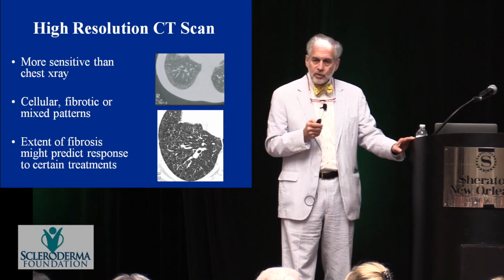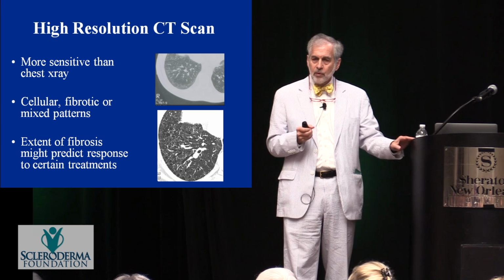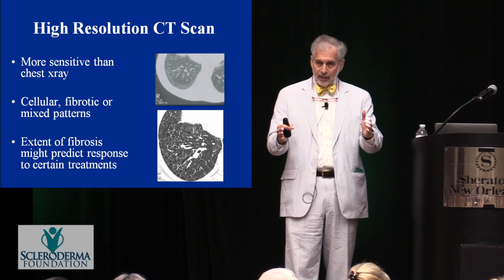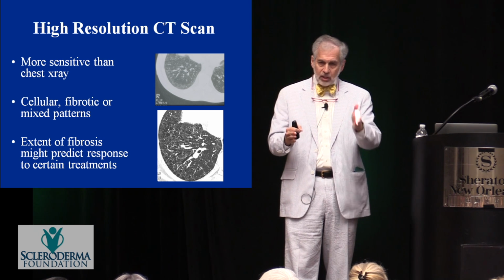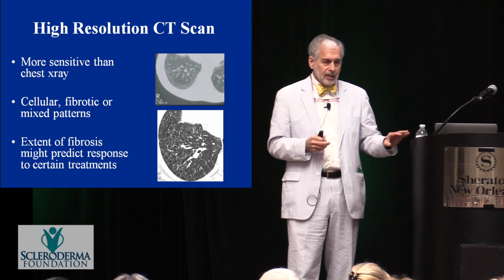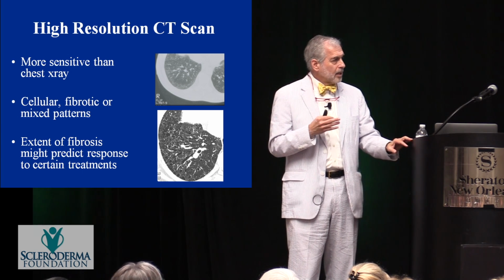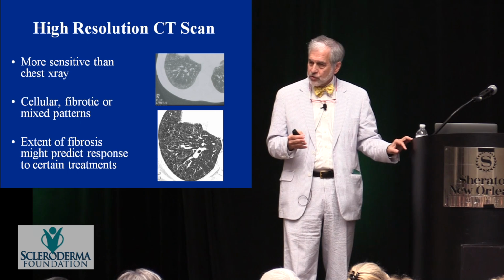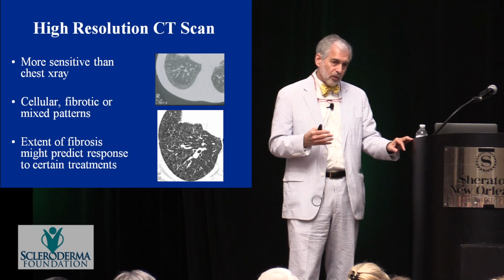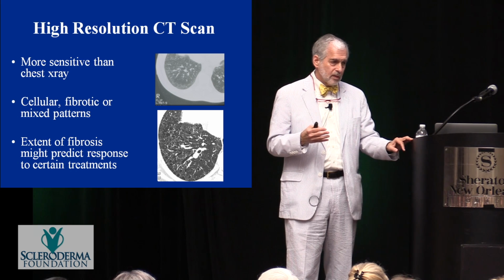So this is much more sensitive than a chest x-ray. So think of a chest x-ray as looking at a loaf of bread. A CAT scan is looking at each slice of that loaf of bread. So it gives you a lot of detail. And we can see very subtle changes or more advanced changes depending on the severity of your interstitial lung disease.